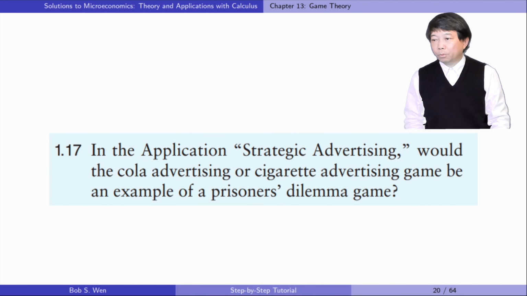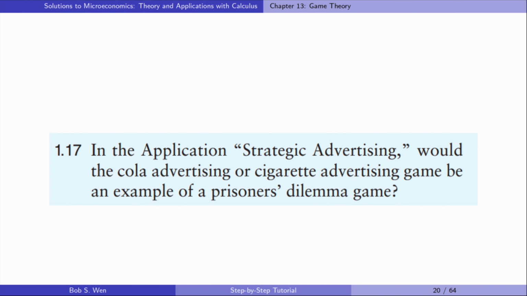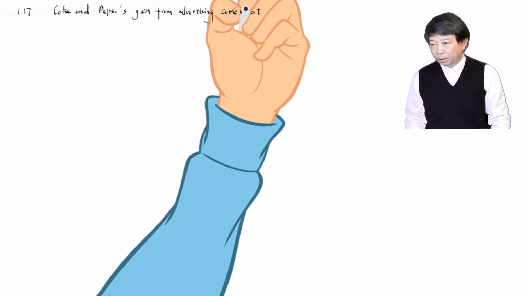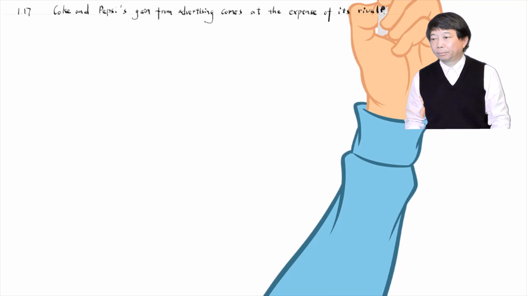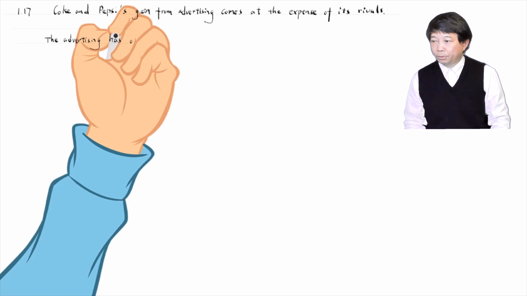Let's solve exercise 1.17. In the application strategic advertising, would the cola advertising or cigarette advertising game be an example of a prisoner's dilemma game? According to the description of the application, Coke and Pepsi's gain from advertising comes at the expense of its rivals.